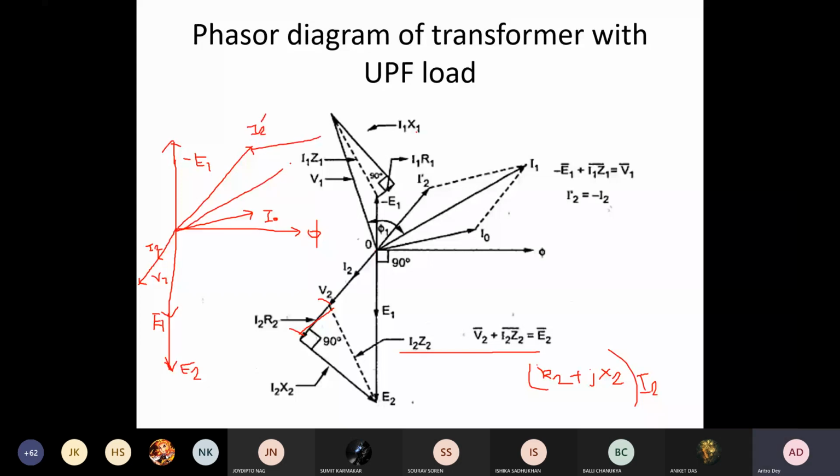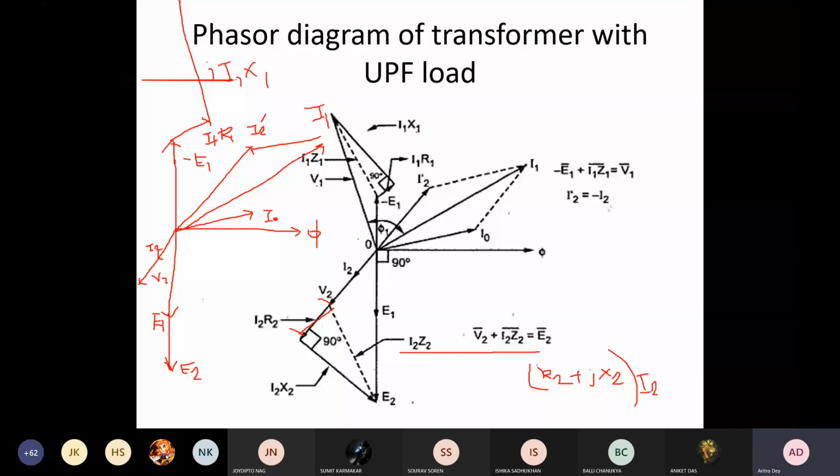This is your I1. So now with E1, in the same phase, you draw I1 into R1 plus J into I1 into X1, and then you add these two lines, then only you will get your V1, like the way it is shown here. Okay.